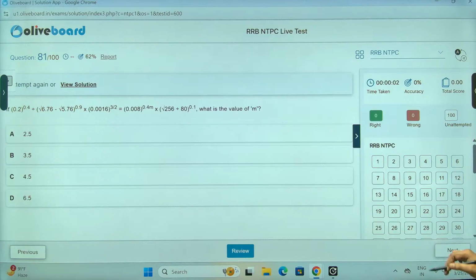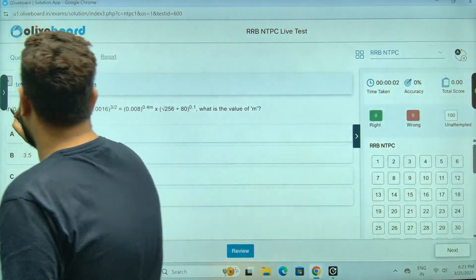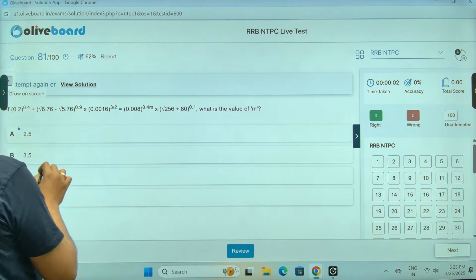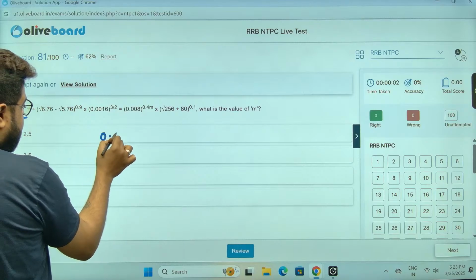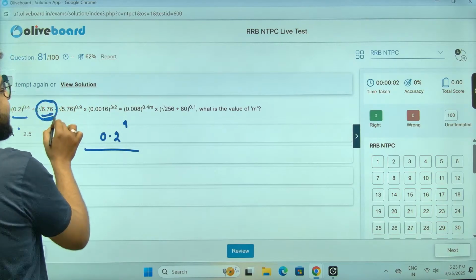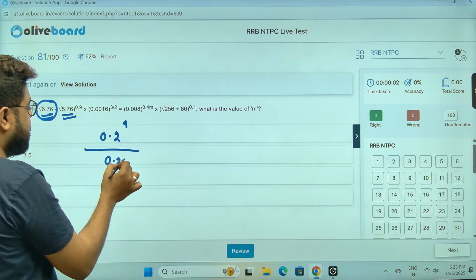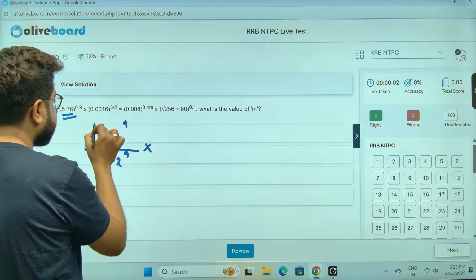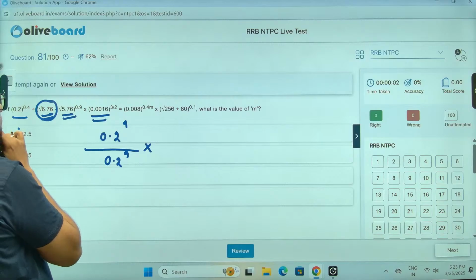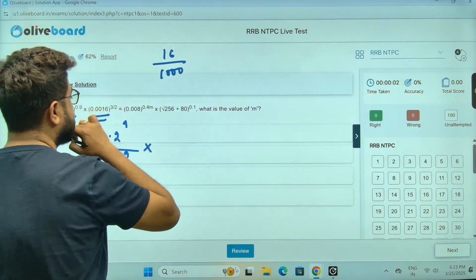Let's move on. This one, sir. This is a power calculation. I don't think this will be very big. 0.2 to the power 4 divided by, 26 square is 676, 24 square, 2.6, 2.4. Achha, that means 0.2 to the power 9 into 3 by 2. Square root is 0.2. It is 16 divided by 1204.